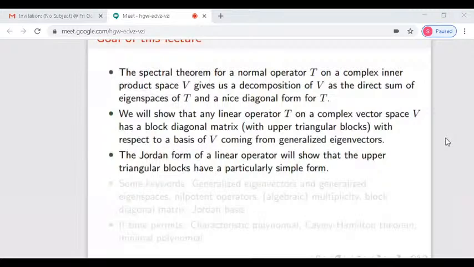So I'm just going to recall a few results from lecture 4. The first thing was to drive home why it is so nice to have an upper triangular form for a matrix. In the rest of the talk, we'll always be looking at a complex vector space, as I've written here, but I should say that for some results we need the vector space to be complex, while for others it is okay if it is real or complex.